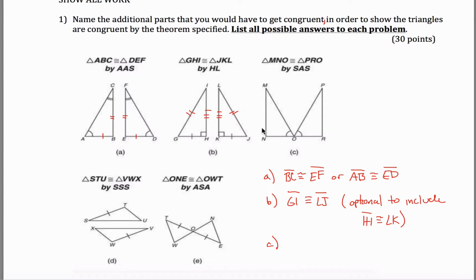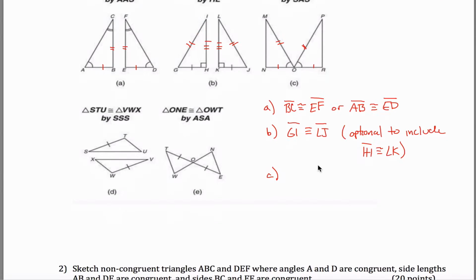What about C? C says MNO, this guy here, is congruent to PRO by side, angle, side. Okay, so I need two sides, and those sides have to have this angle included in between them. So really what I need is that NO and OR are congruent, and that MO and PO are congruent. So here it's not an or, but an and.